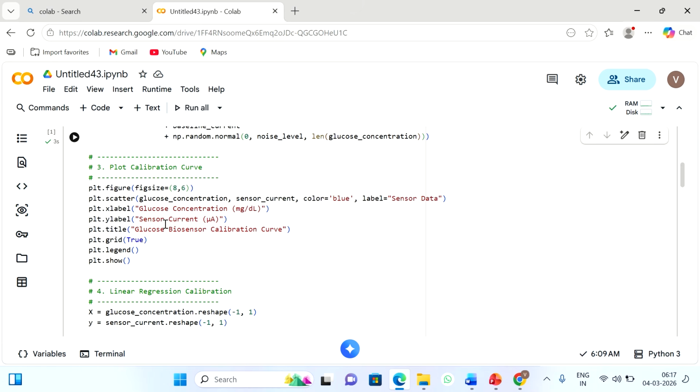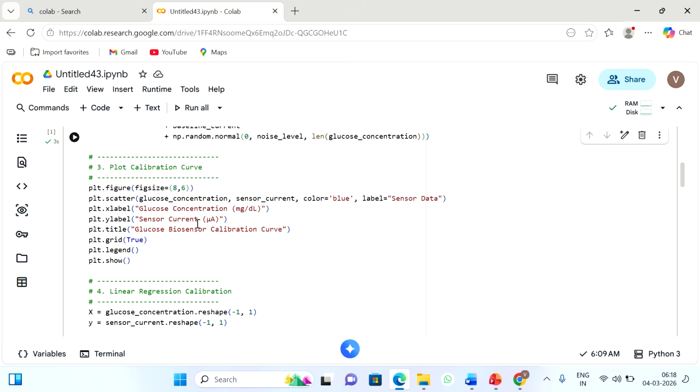This shows glucose in mg per dl will give current in microampere. If the sensor works properly, the points form a straight line, with slight scatter due to noise. This is the calibration curve used in real biosensor labs.